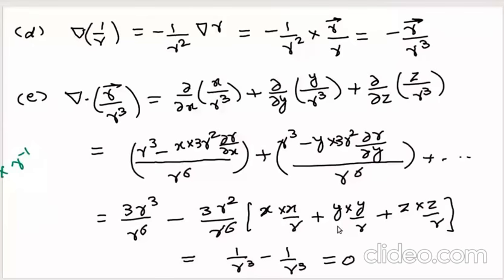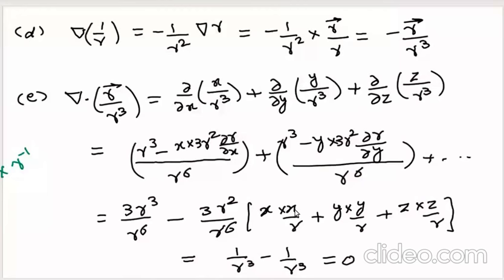If you arrange these terms, you will see that there will be an r cube by r6 term in all three components. So you will have 3r cube by r6 minus 3r square by r6. You can take common, and in the first term you will get x times del r by del x, that is x by r.